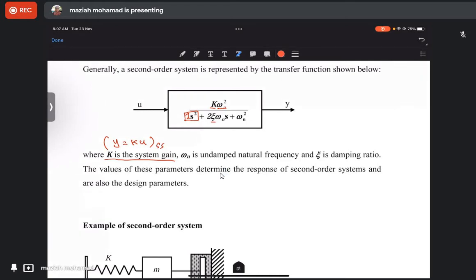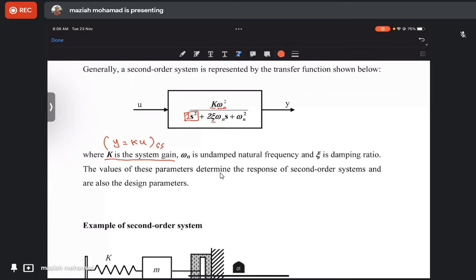Resonance will occur when the frequency of the system is in the region of the natural frequency, so we need to avoid that region to make sure our system operates safely. That is omega n.